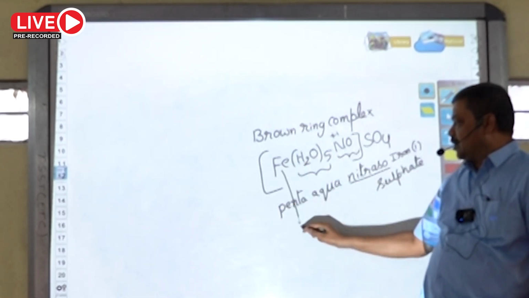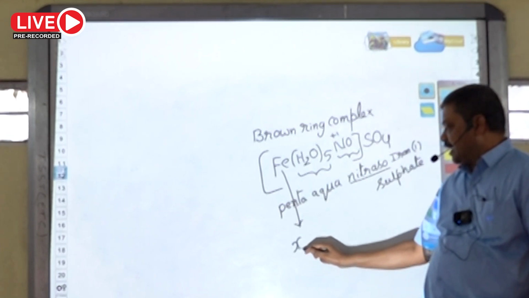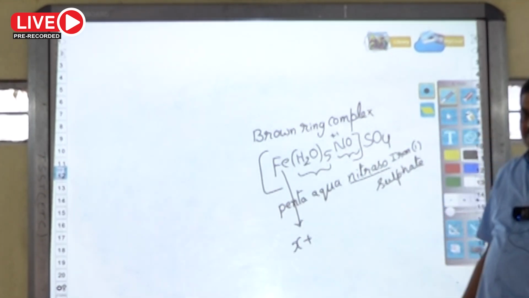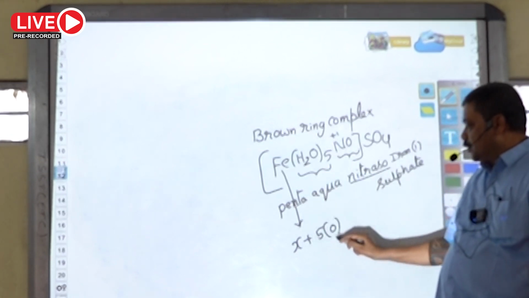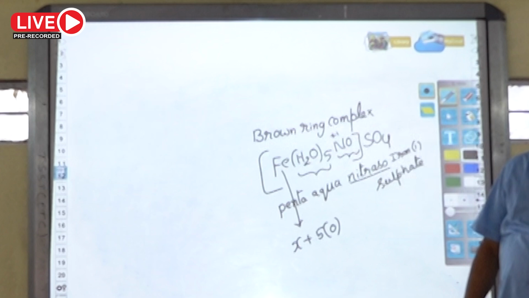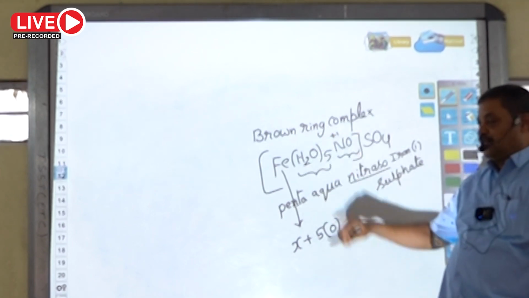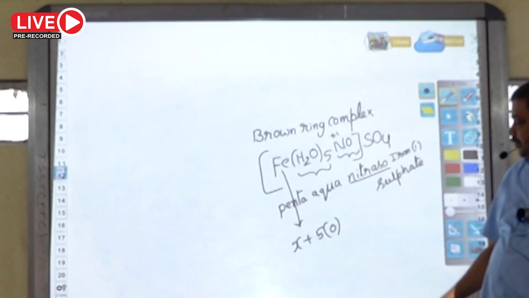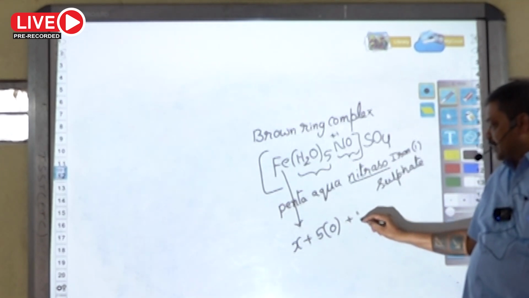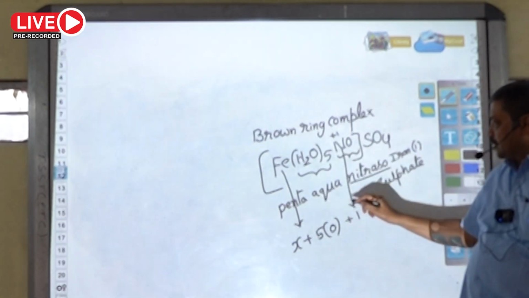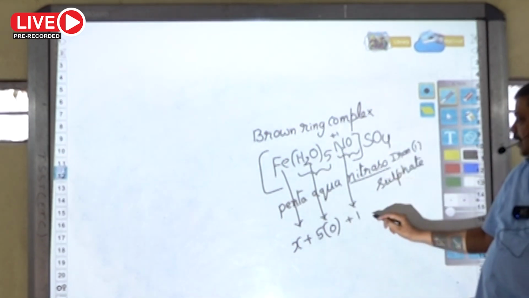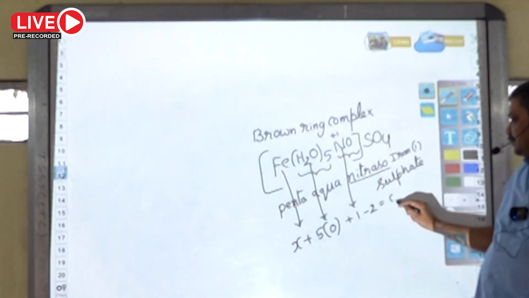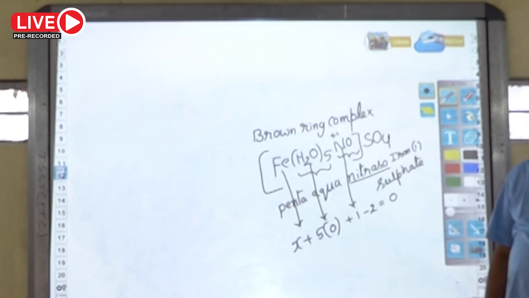So if you take the iron oxidation state as x, plus 5 into 0 for 5 water molecules, water molecule is having net charge 0, +1 for nitrosonium ion, and -2 for sulfate ion is equal to 0.